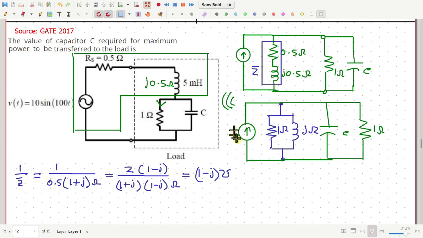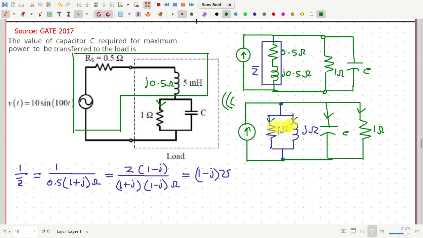Now you see that this source current, Norton current, will have four possible paths. One through this resistance, another through this inductor, another through this capacitor, and the rest through this 1 ohm resistance. We want maximum current to flow through this 1 ohm resistance because we want to get maximum power in this 1 ohm resistance.